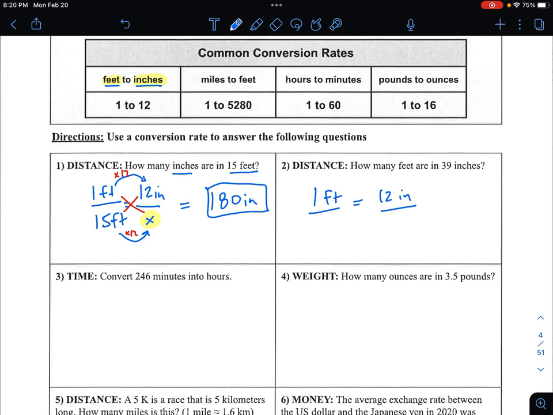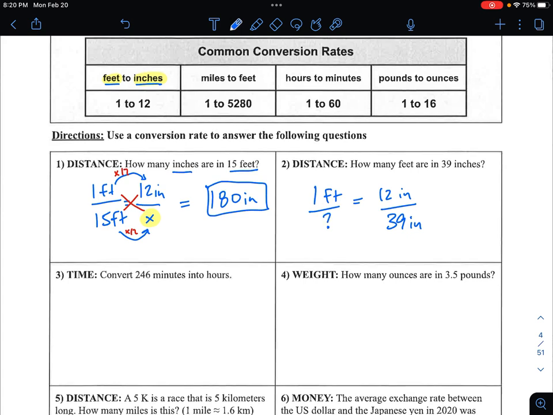Where do I put my inches? My inches go on the inches side, which is right there, 39 inches. How do I know it's my inches side? Because I decided to put my inches over here on the right side. So how many feet? That is the question. I put a question mark when really I should probably put a variable.